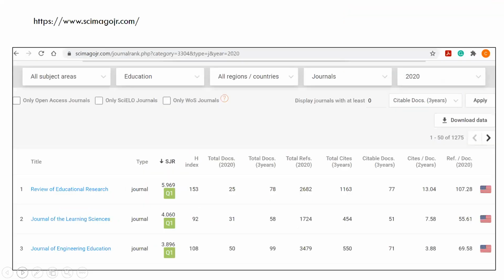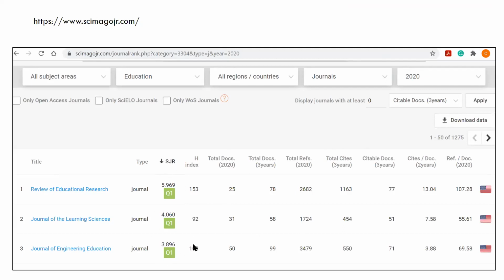In order to find out which are good quality journals, you can go to Scimago, and they rank journals. Now, ranking of journals, some people don't like it, because it's like the ranking of universities. It all depends on what criteria you use. But anyway, Scimago uses this system of quartile 1, 2, 3, and 4 journals.